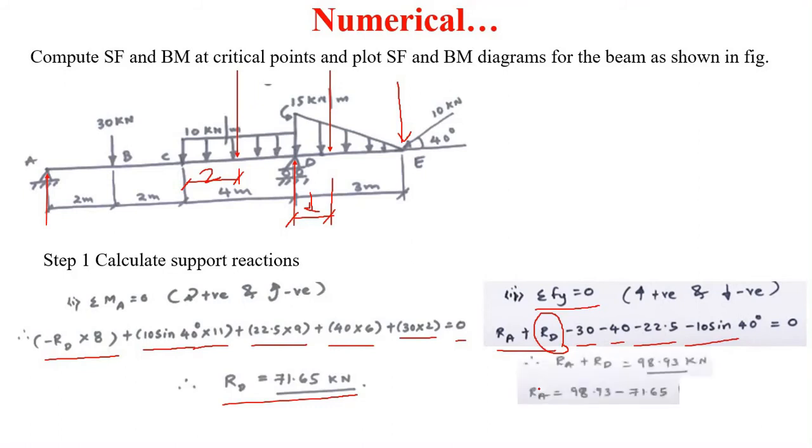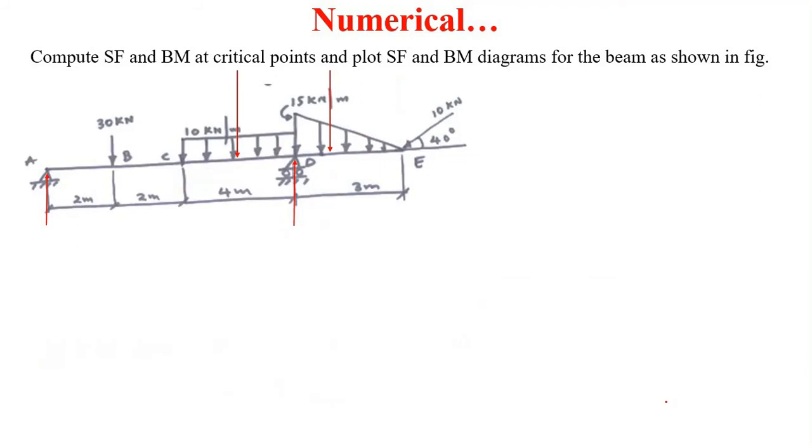RA is equal to 27.27, because RA plus RD is equal to 98.93 kilonewton. This 98.93 minus this RD, that is 71.65, so that we will get the value of this RA.